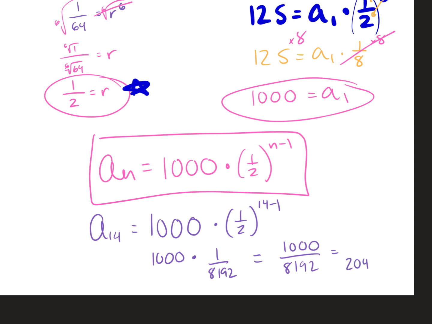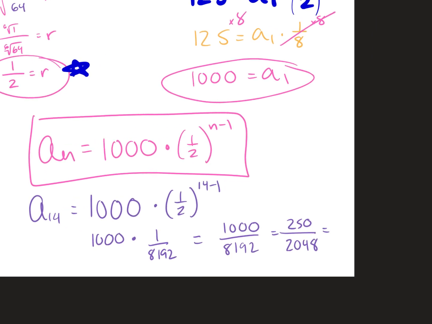I'm going to divide them both by 4. Then I can divide it by another 2 here. So we get 125 over 1,024.